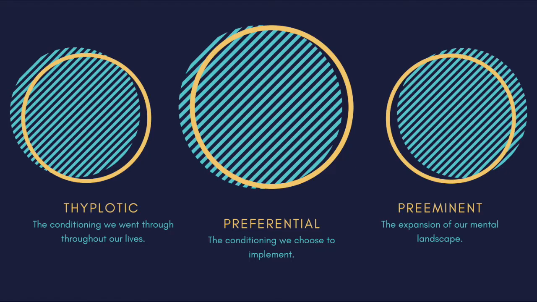You, through expansion of mental landscape, will use more of a sense of rationality and logic to use your preferential level of thinking, which can eventually also improve your typlotic level of thinking through changing what you have stored in your belief system and your conditioning system.